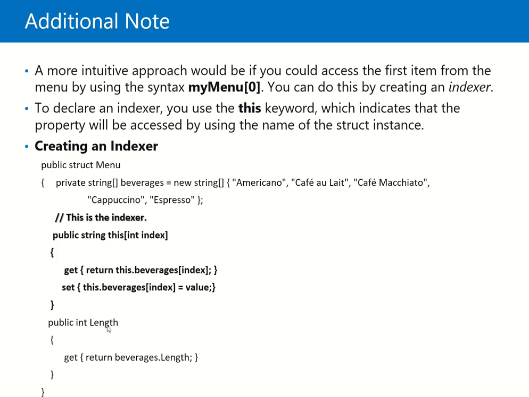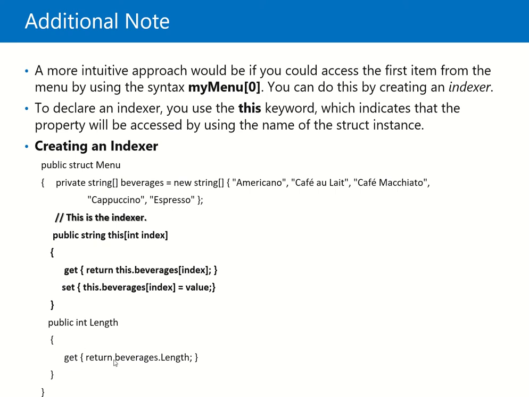The length is a read only value, so when the structure is being instantiated, it only returns the value of length. When they construct the structure, they cannot assign a value into the length.